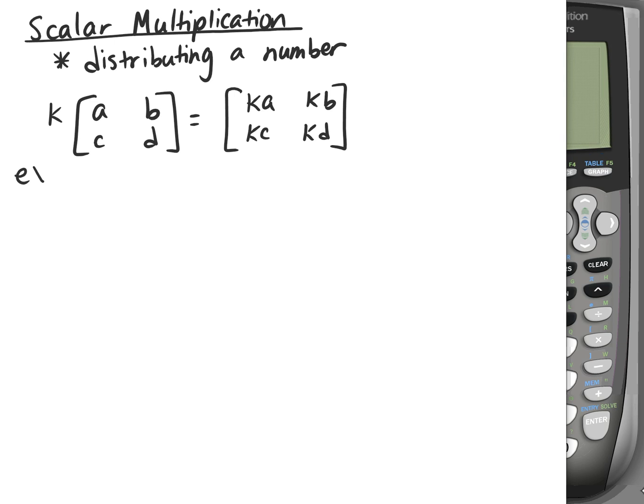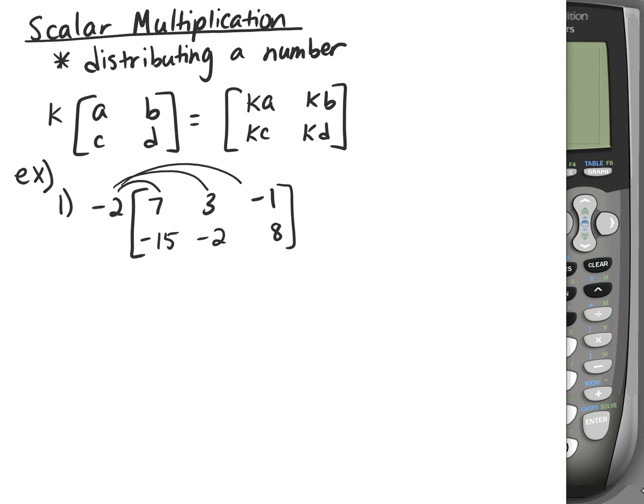As I stated in the previous video, you will most likely be doing a combination of scalar multiplying with adding, subtracting. So I'm just going to do one quick example with this. And it's really the same as basic distributing. You're going to distribute into row 1, and then in this case into row 2 also.